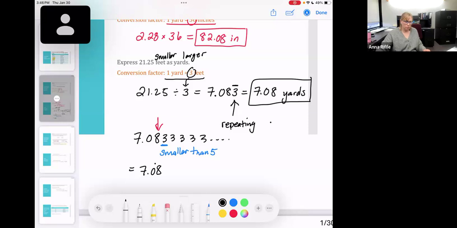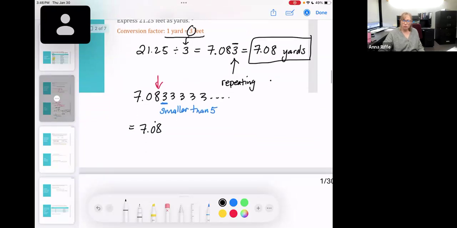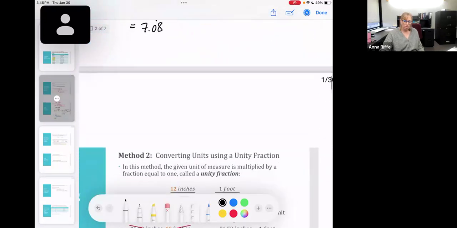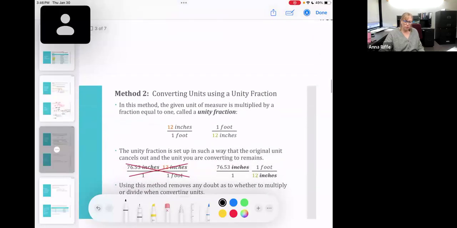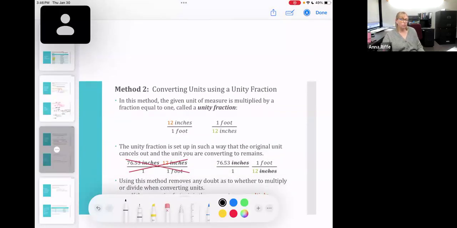All right, sounds good. Like I said, that is a method that you can use for some of the easier conversions. Sometimes they get more complicated though, and so we want a different way of converting that will help us to keep track of our units, to keep track of whether to multiply or divide in a particular context.